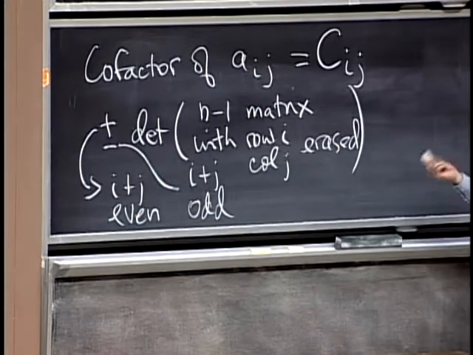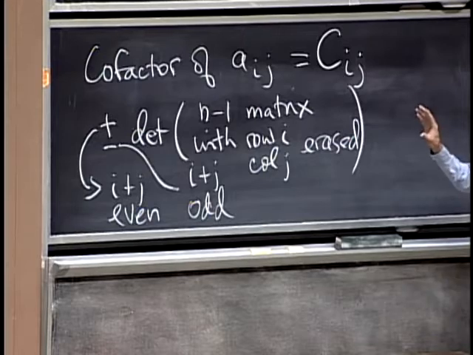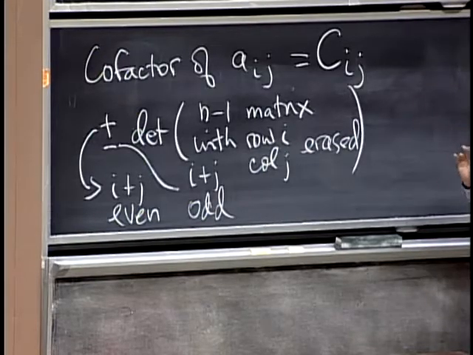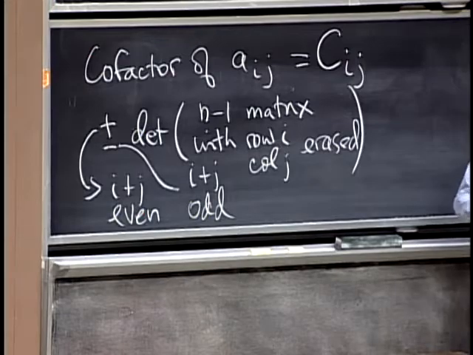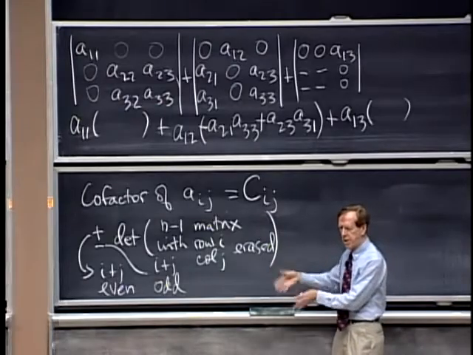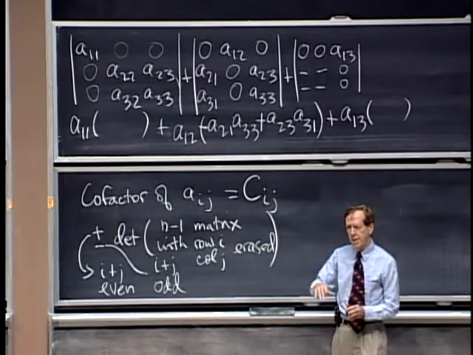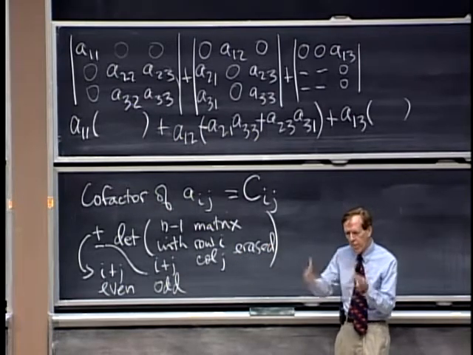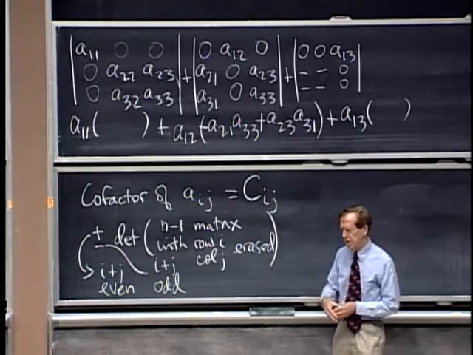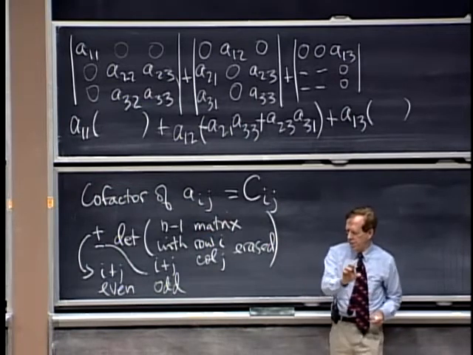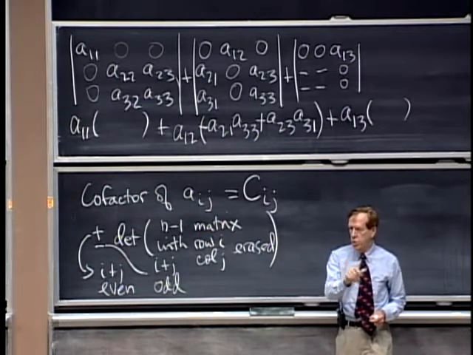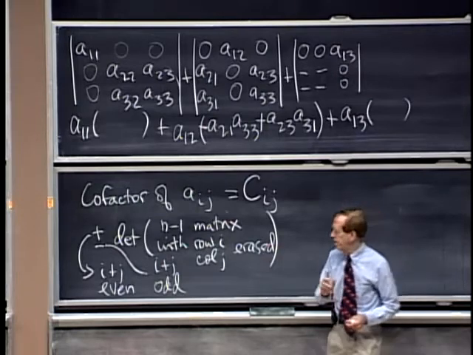So if I go along row 1 and look at the cofactors, I just take those one-smaller determinants, and they come in order plus, minus, plus, minus, plus, minus. But if I go along row 2 and take the cofactors, those subdeterminants, they would start with a minus because the 2,1 entry, 2 plus 1 is odd.